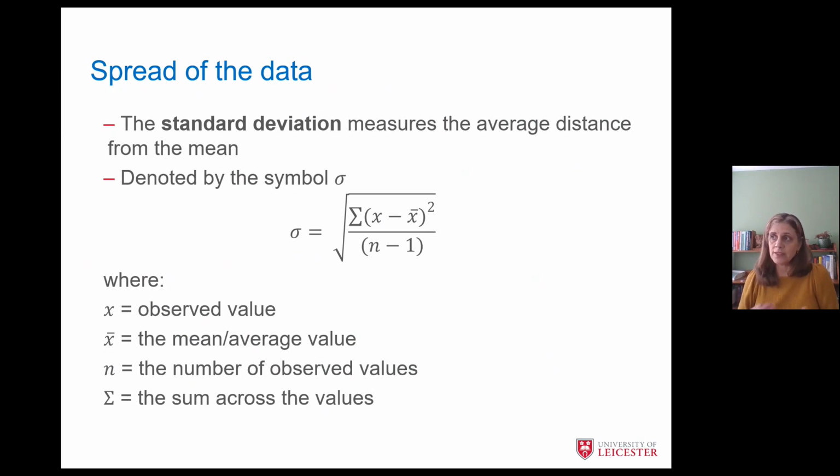So standard deviation, don't worry too much about the equation there, but it's just giving you some indication of the spread of the data. And a data set that has a larger standard deviation has a greater spread than a data set that has a smaller standard deviation.